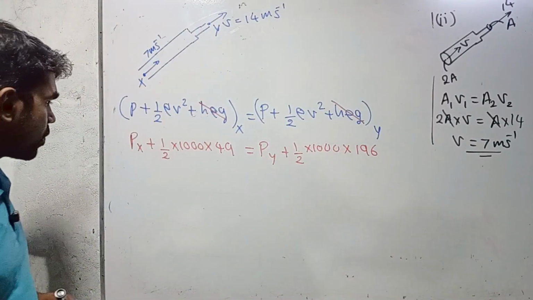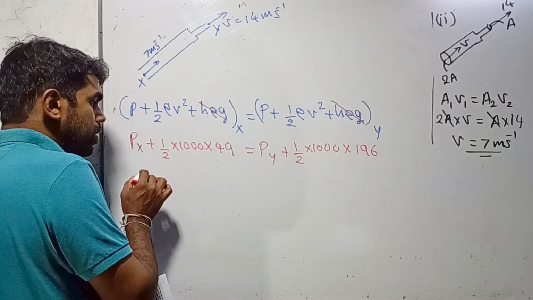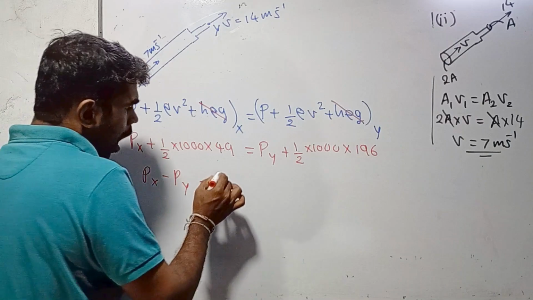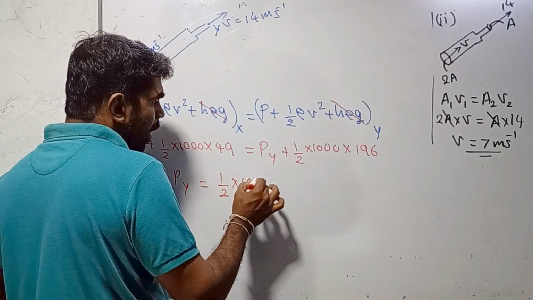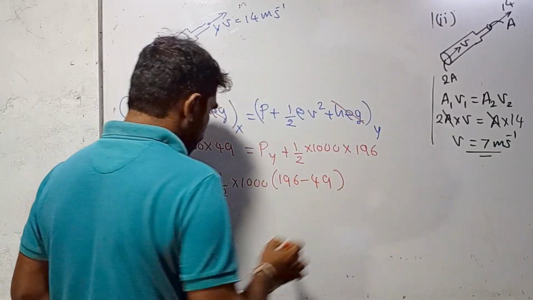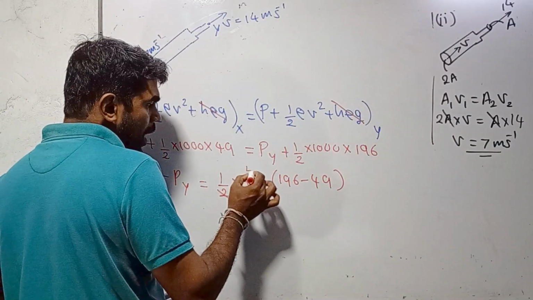Then we can subtract to get the pressure difference Px minus Py, with half 1000 as common factors, 196 minus 49, divide by 2, 1000 divide by 2 is 500.